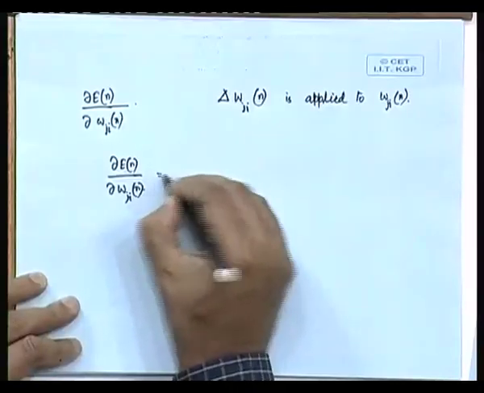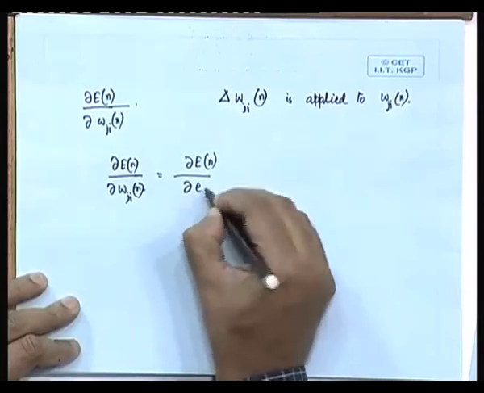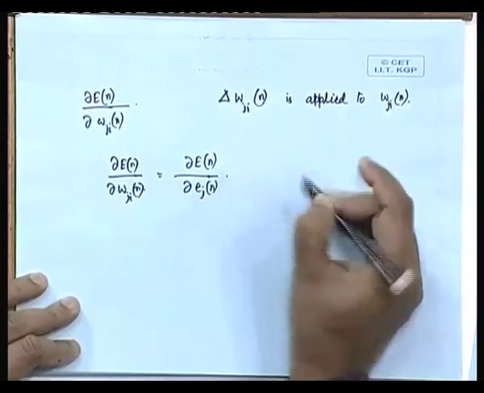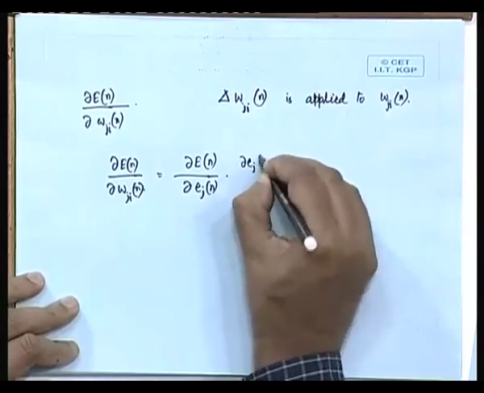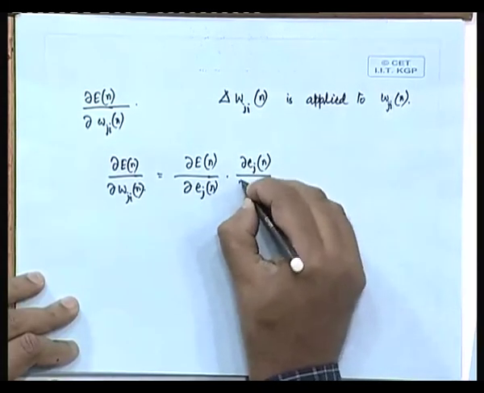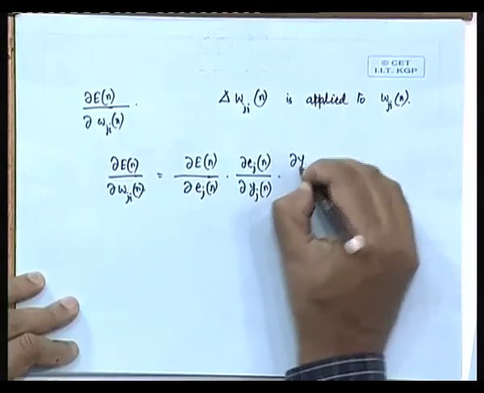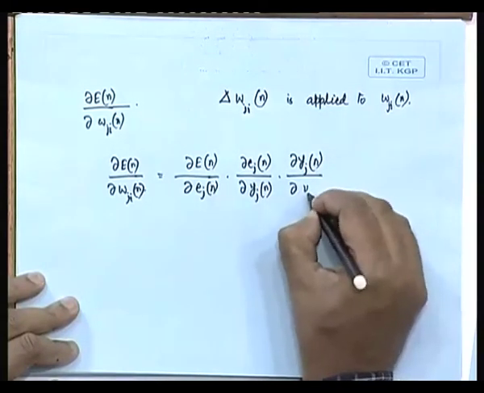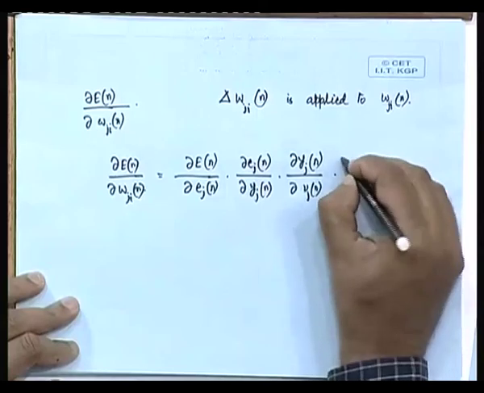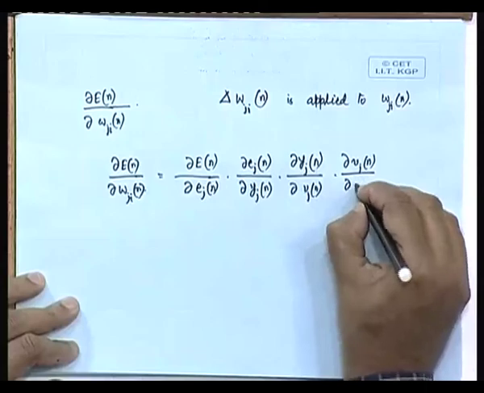So ultimately we have to write this as dou En dou Ej, which is the first term in the chain rule. The second product term should be dou Ejn with respect to dou Yjn. The third term should be dou Yjn with respect to dou Vjn, and the last term in the chain should be dou Vjn dou Wji.